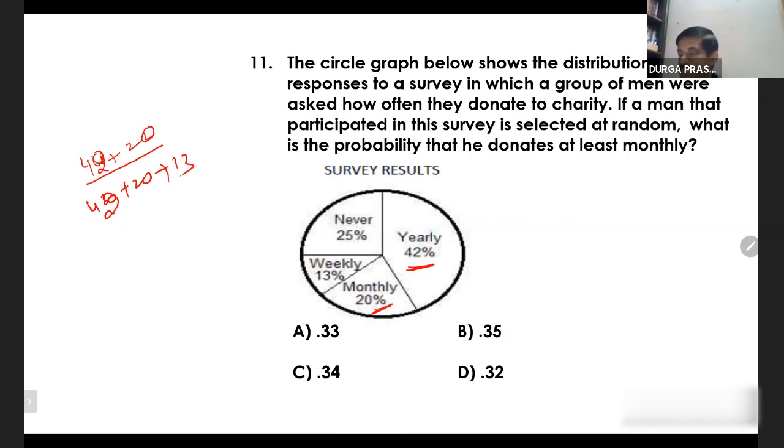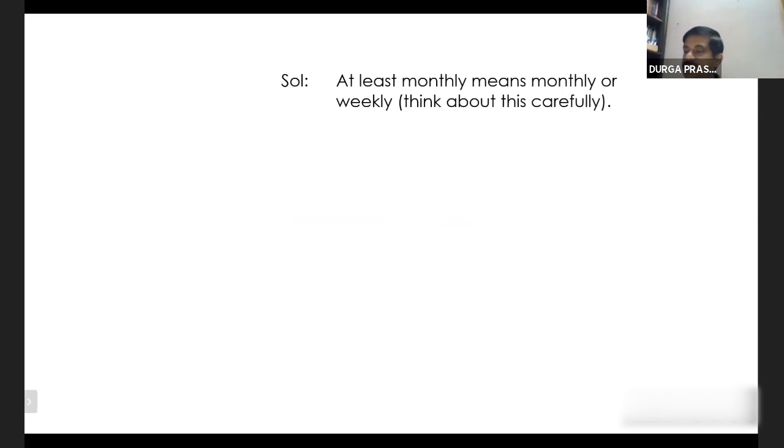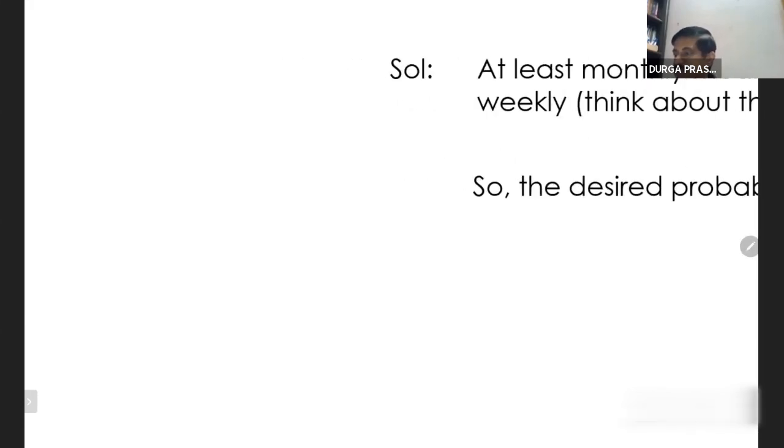This is the thing that we need to work on. What is the probability that he donates to charity in a month? If you look at this, 20 plus 13.